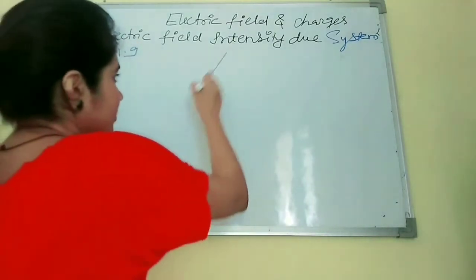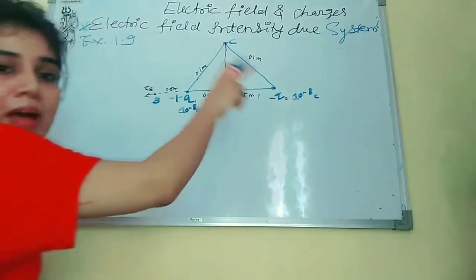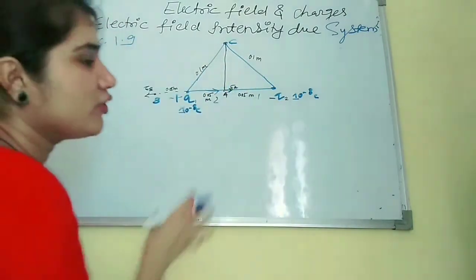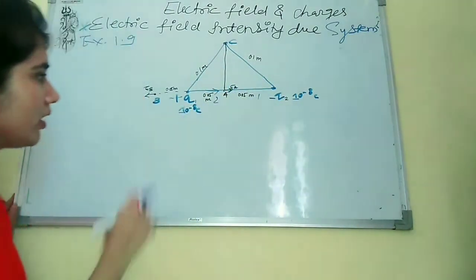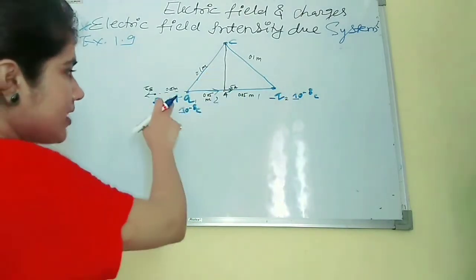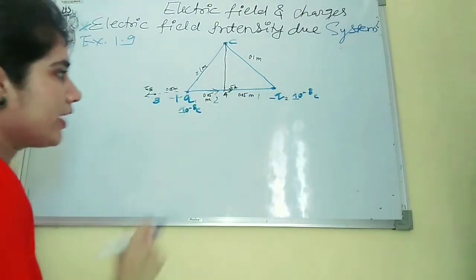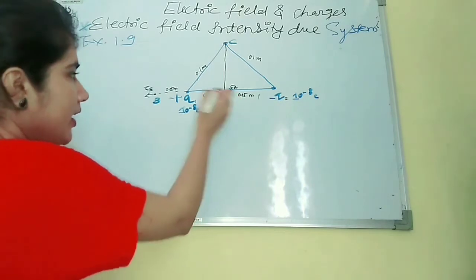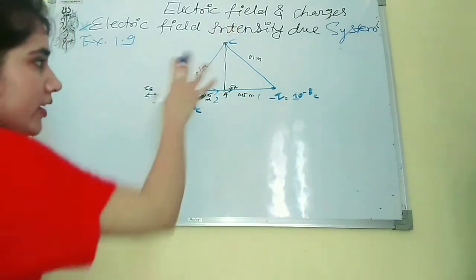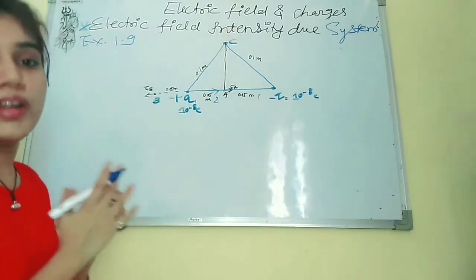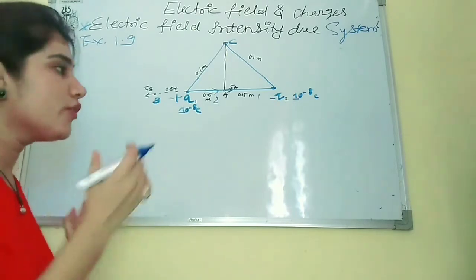In example 1.9, this is the figure given in your book. It has two charges, plus Q and minus Q, and three points are given, A, B and C, where we have to find the intensity of electric field.